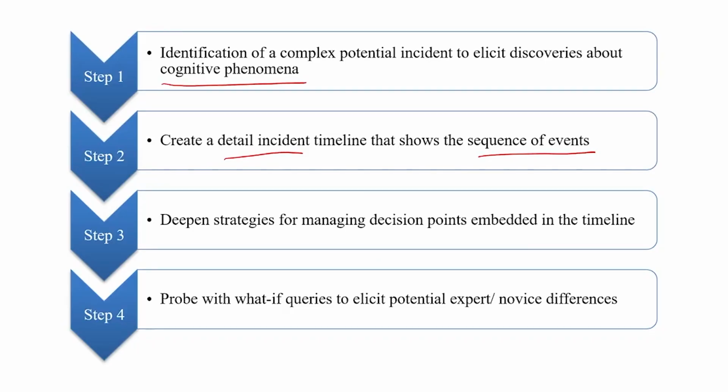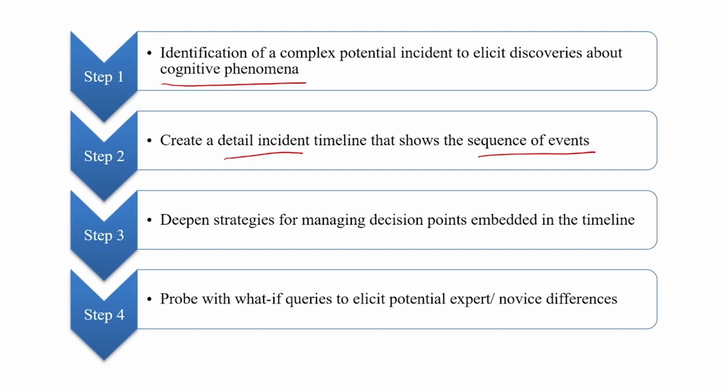In the last stage, we probe with what-if queries. We inquire with the stakeholders: what if this happened, what if that happened. We probe with what-if queries to elicit potential expert and novice differences.